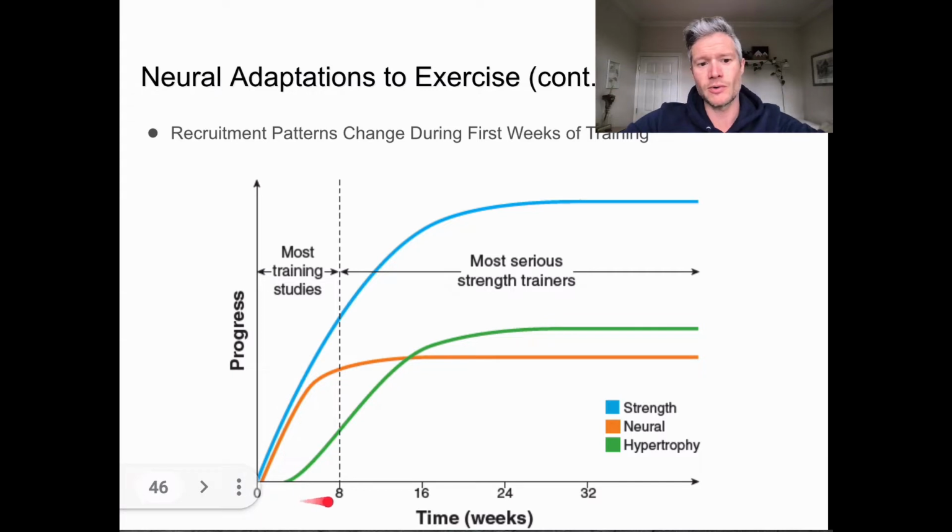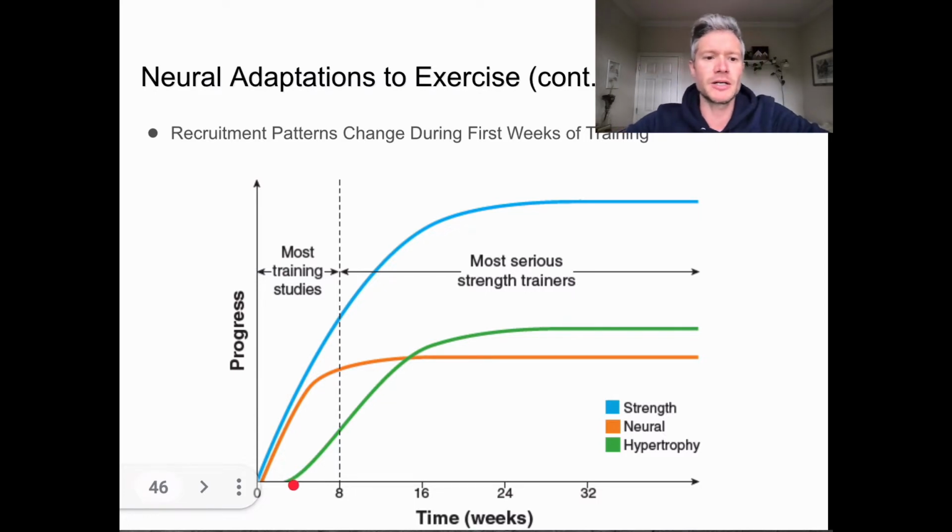We see over our timeline here 0, 8, 16, 24, 32 weeks. Right here would be about 1 month into regularly strength training. Typically, most strength training programs are about 3 times a week for a half hour to an hour. Depending on the study, usually it's up to an hour.